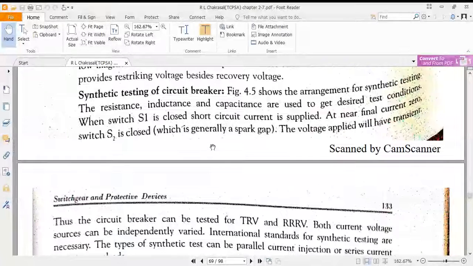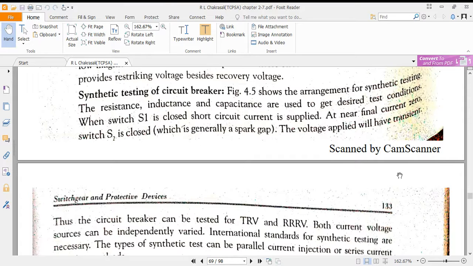So what is the significance of this? The resistance, inductance and capacitance are used to get the desired test conditions, because we have to create a resonance circuit. There are two kinds of resonance circuits, you are aware. One is the voltage resonance and the current resonance.